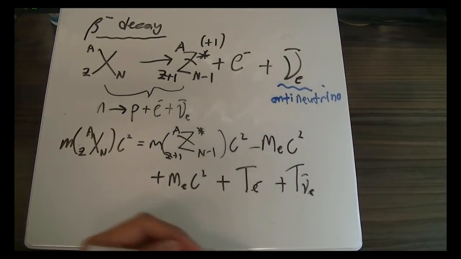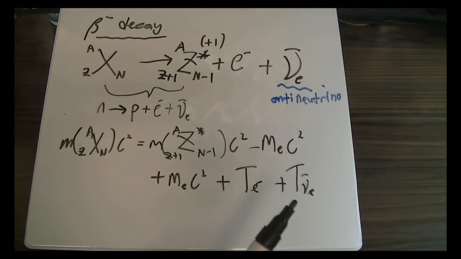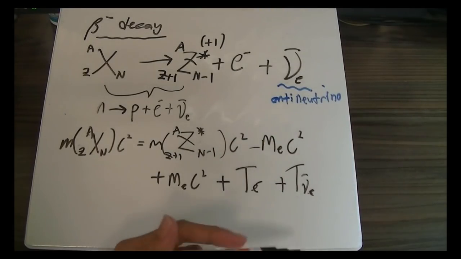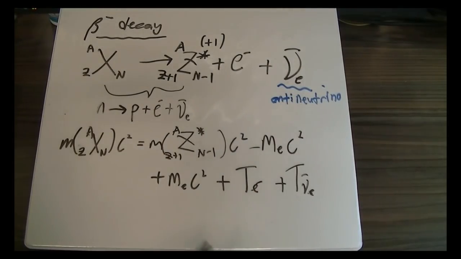Here we are neglecting the mass energy of the antineutrino, because the mass of the antineutrino is far smaller than the mass of an electron.